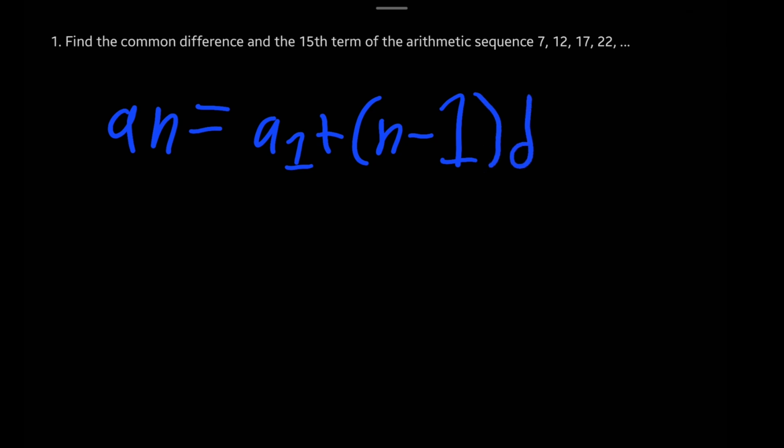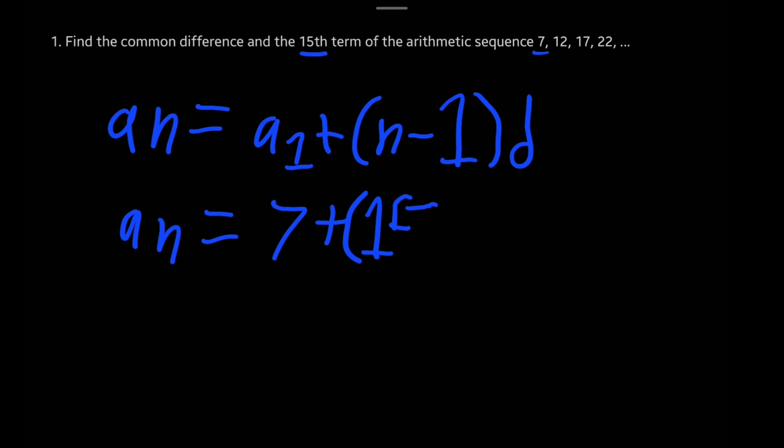So we just plug in the values. a sub 1 is the first term, which is 7, plus n, which would be 15 in this case, minus 1, times our difference, which we already saw was 5.